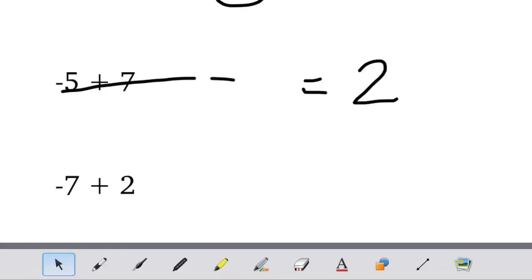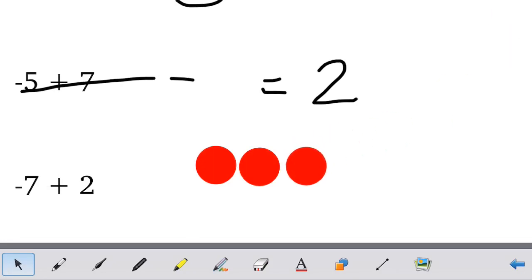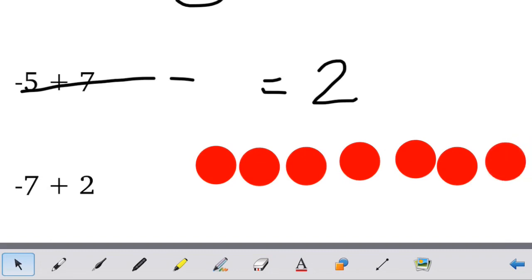So the last problem that we're going to practice today is -7 plus 2. Go ahead and pause the video and try this problem on your desk. So hopefully everybody had a chance to try this problem. Let's go ahead and work it out together. I'm going to start by simply putting my counters out. I have 7 negatives, so I'm going to put out 7 red counters. 2, 3, 4, 5, 6, and 7.